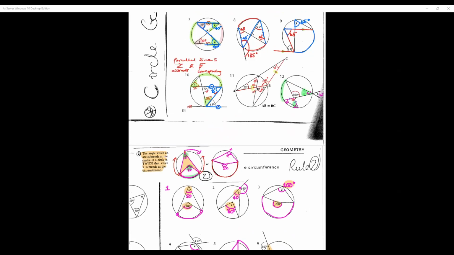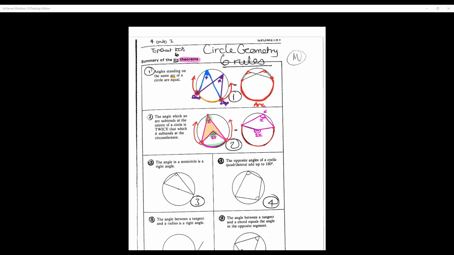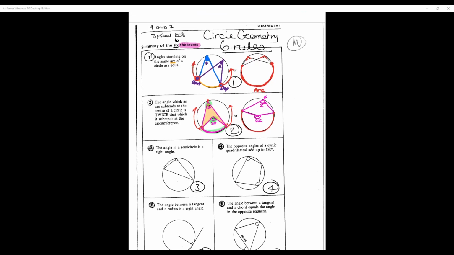Okay, can we just quickly move on to rule number 3 now? What year is she in? What year are you in, Eliza? Year 7. This is the GCSE class. Okay, are you sure you're supposed to be in this class, Eliza? Yep. Okay, when are you supposed to join the year 7 maths class? Because the year 7 maths class runs from 5 till 7. And you've joined the GCSE class.